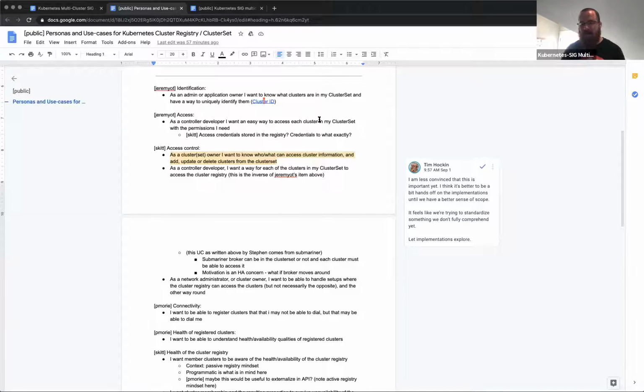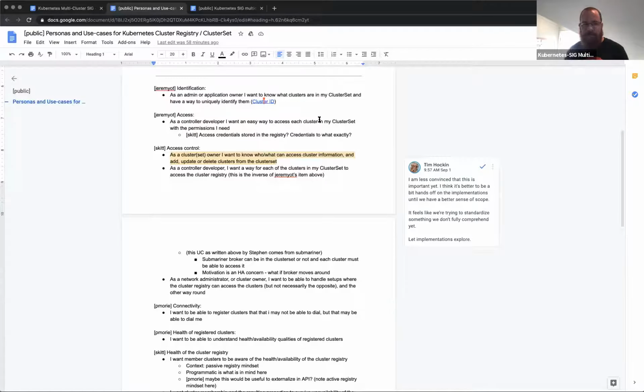I assume some kind of self-identification needs to be supported. Like, I should be able to kubectl get cluster ID and understand what my cluster is, and what else goes in that ID. Is that just a cluster-local thing? Does that contain cluster set information? I think there are a lot of open questions there. And then, if I were to build a registry, how do I verify that Jeremy's cluster is in fact the official Jeremy's cluster and not just some other Jeremy's cluster?